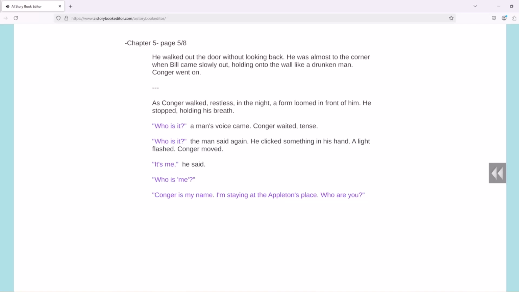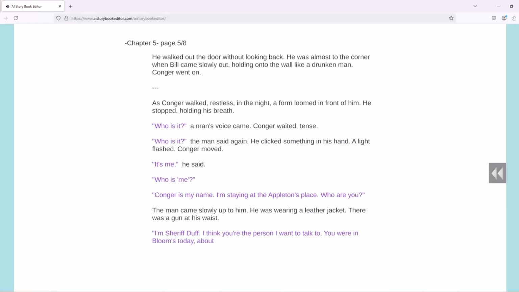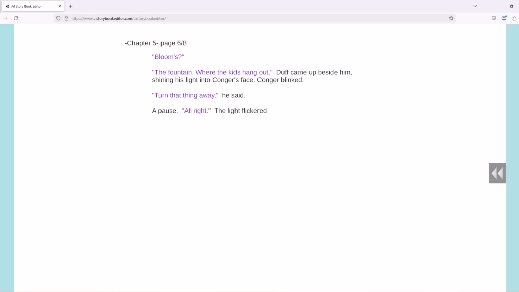Who are you?" The man came slowly up to him. He was wearing a leather jacket. There was a gun at his waist. "I'm Sheriff Duff. I think you're the person I want to talk to. You were in Bloom's today about 3 o'clock." "Bloom's?" "The fountain, where the kids hang out." Duff came up beside him, shining his light into Conger's face. Conger blinked. "Turn that thing away," he said. A pause. "All right." The light flickered to the ground.